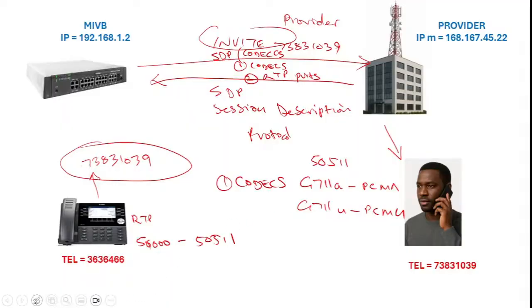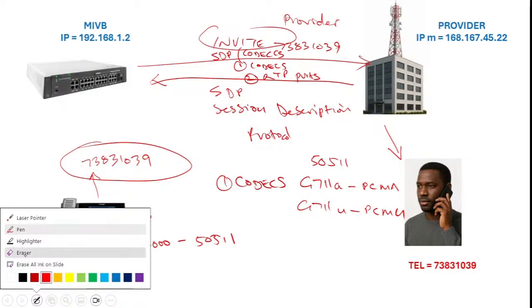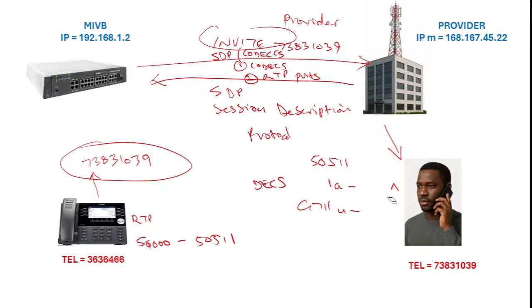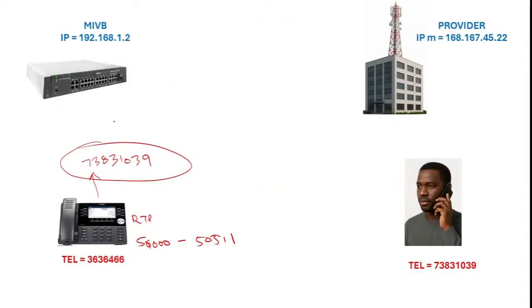Okay, let's write it neatly so that it's easy to comprehend. So the first thing, the controller is going to send an invite to the provider. The invite is going to say from 3636466, which is this number, at the IP address of the controller.